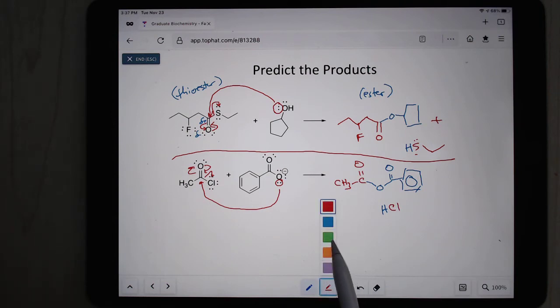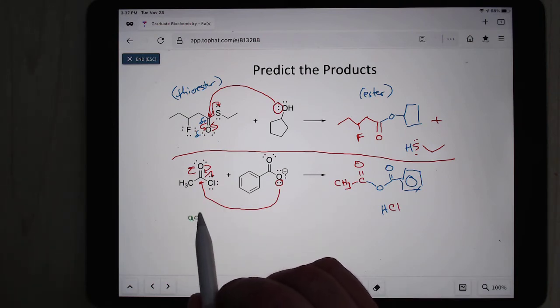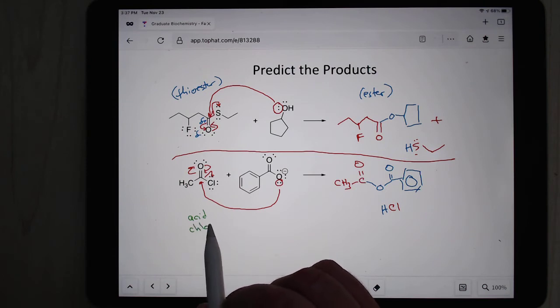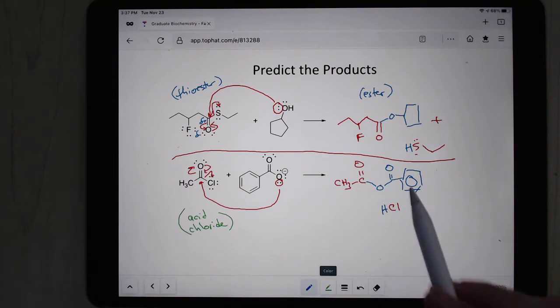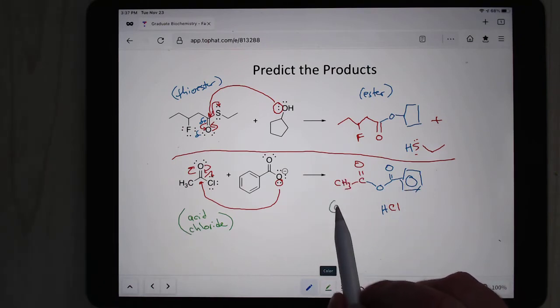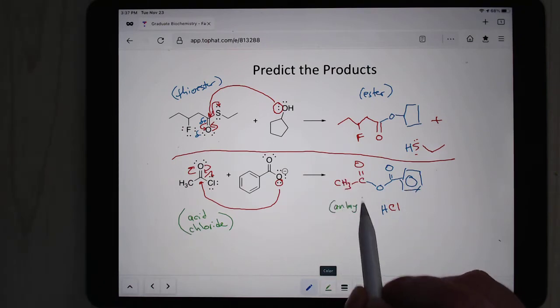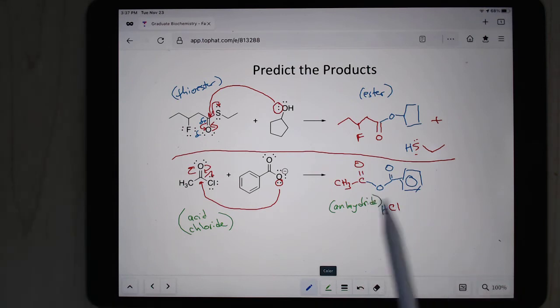So here we're going from the acid chloride. What you want to do is look at the group that's getting attacked over here, and then your product, which in this case would be an anhydride. And so that's okay.